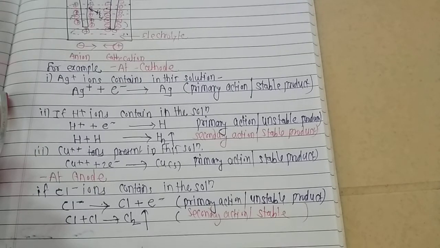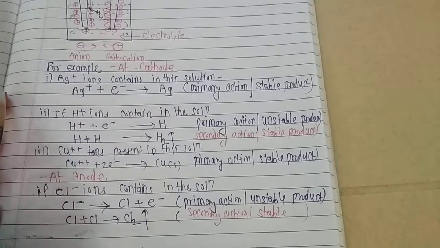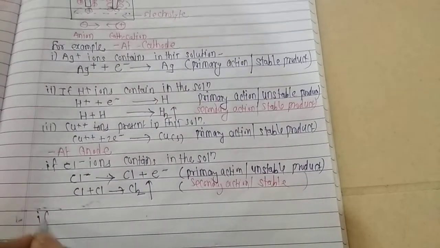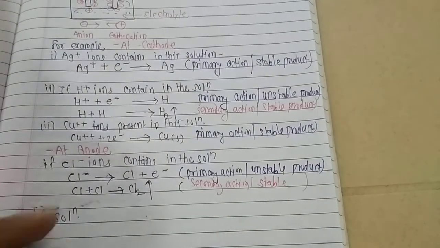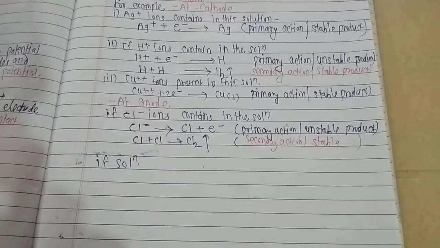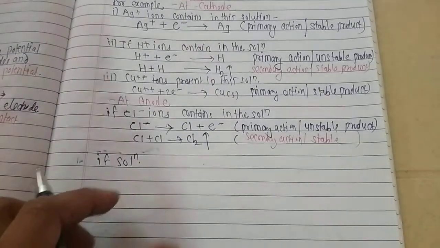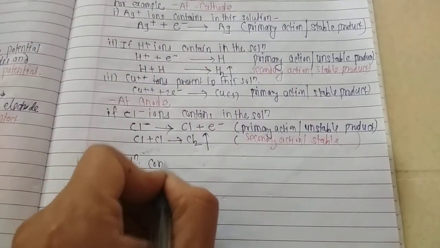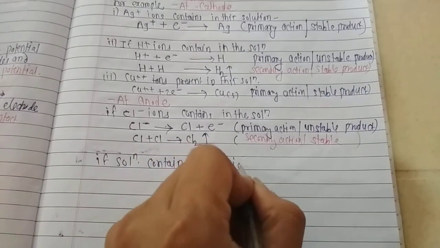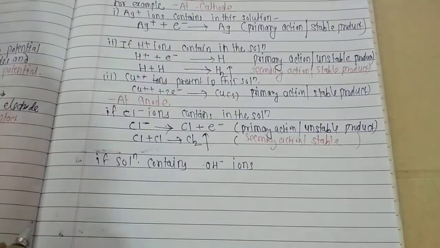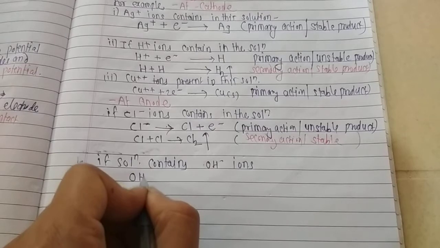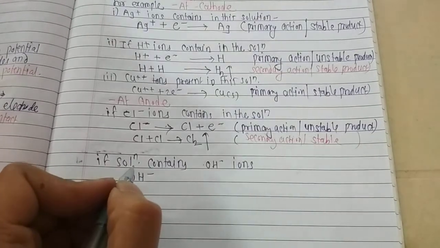Suppose your solution contains OH- ions. What is the charge on OH- ions? It is a negative charge.